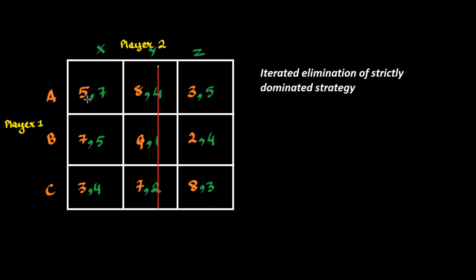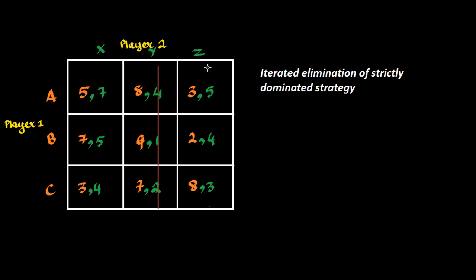Now you are left with this 3x2 matrix. Player 2 has only two choices, which are X and Z. Player 1 has three choices, A, B and C. So now compare X to Z. In this case, X is better than Z. In this case, X is better than Z. Even in this case, X is better than Z. So again, you are able to find that X is a strictly dominating strategy as compared to Z, or Z is a strictly dominated strategy.